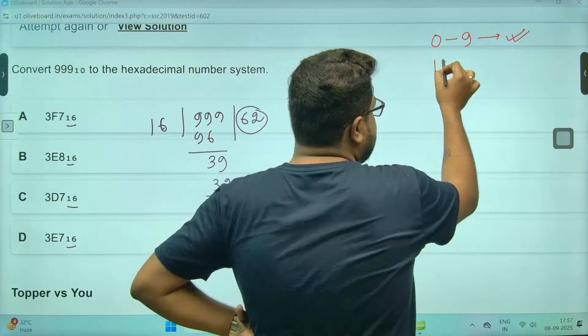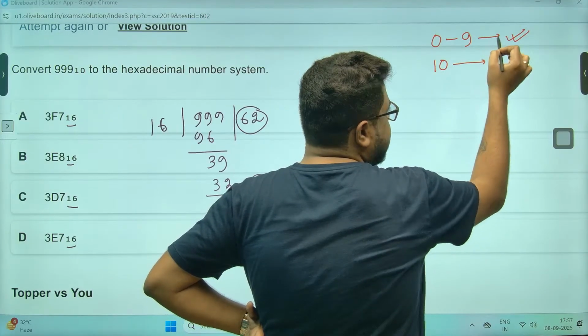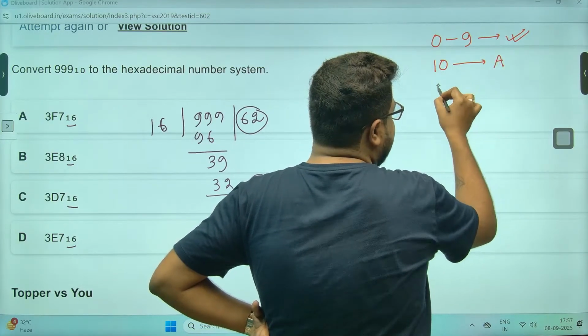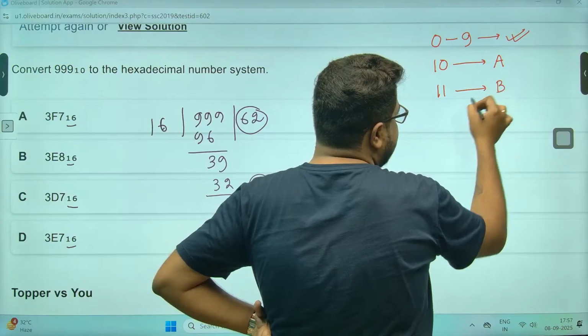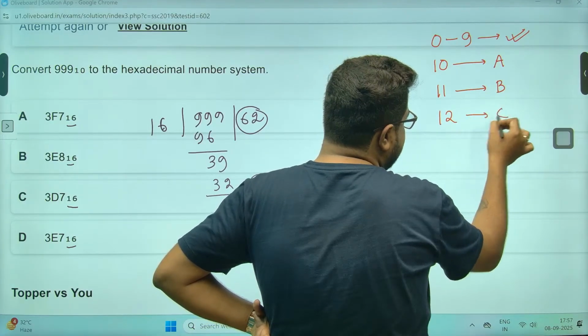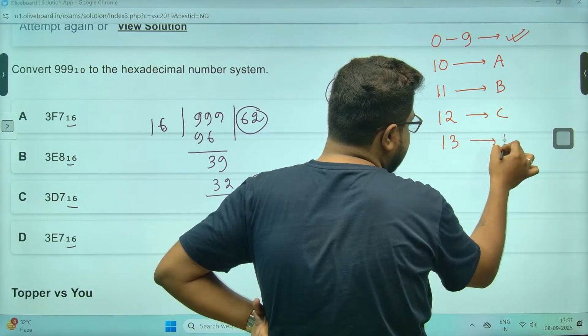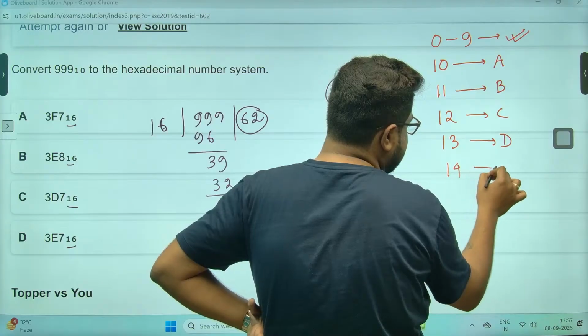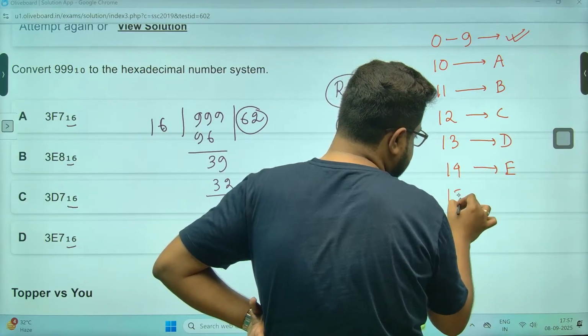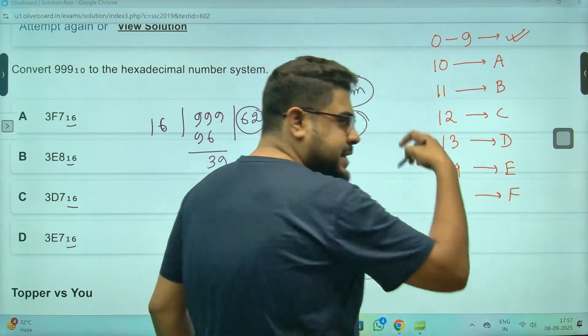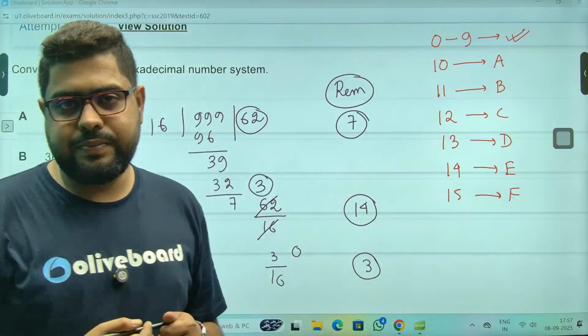But the problem starts from 10 to 15. 10 is considered A, 11 is B, 12 is C, 13 is D, 14 is E, and 15 is F. 16 means it will go another cycle.